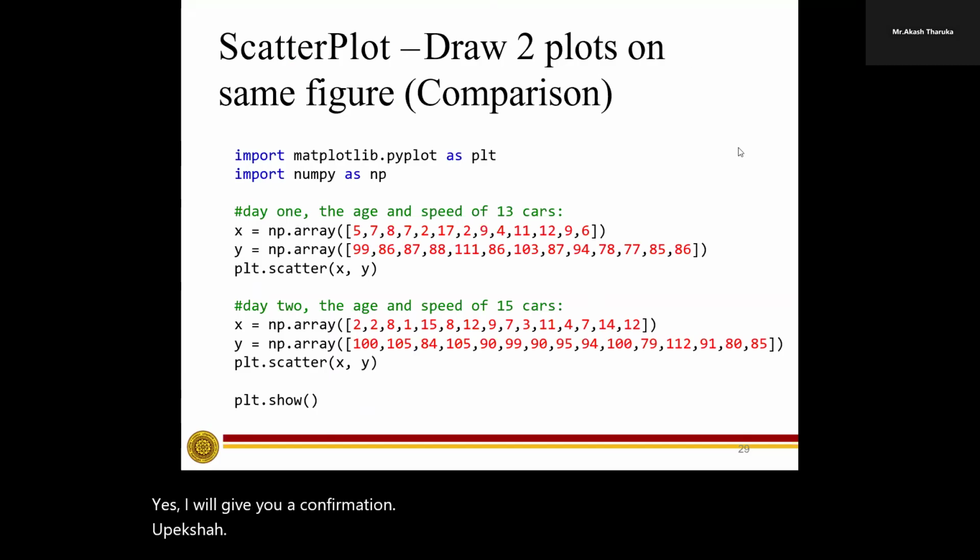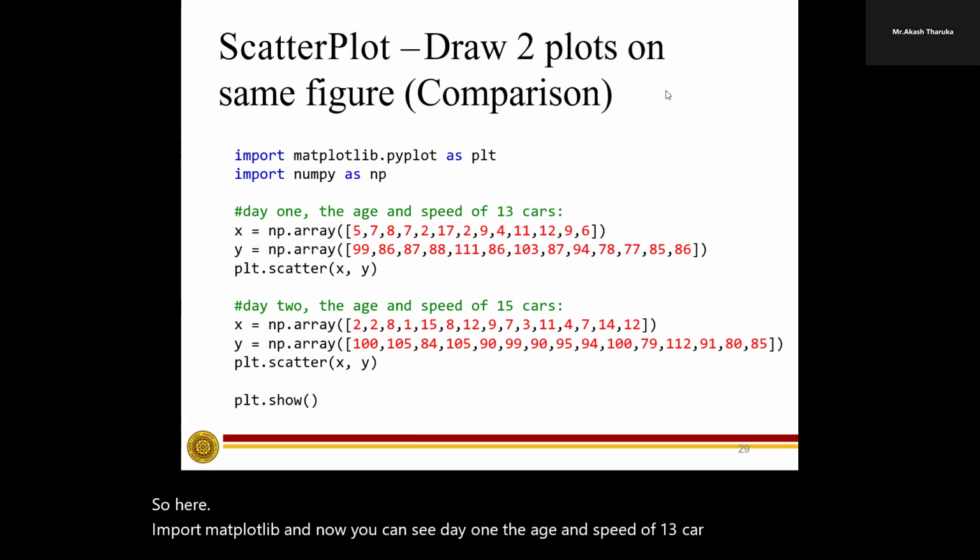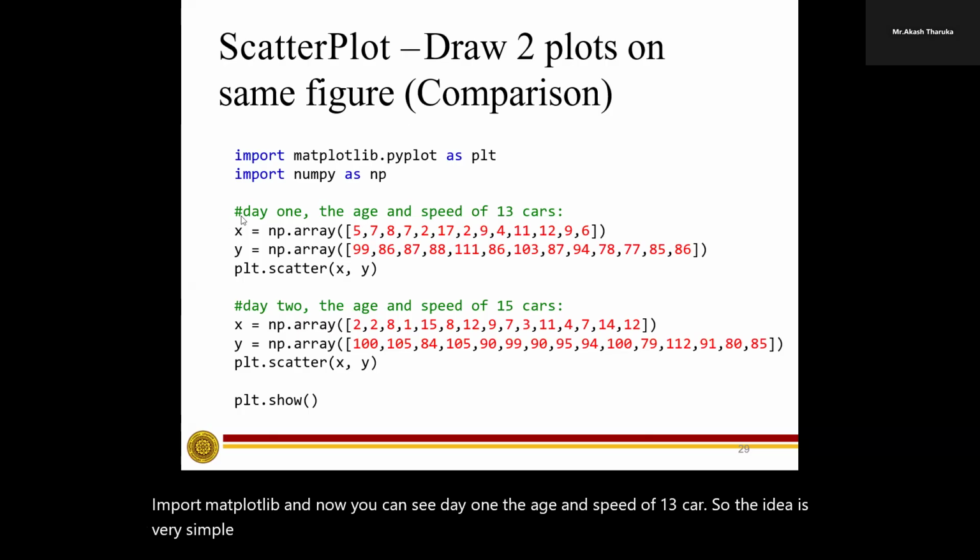So here, import matplotlib. And now you can see day 1, the age and speed of 13 cars. The idea is very simple. Here, this data was collected over 2 days. In day 1, the age and speed of 13 cars, right?